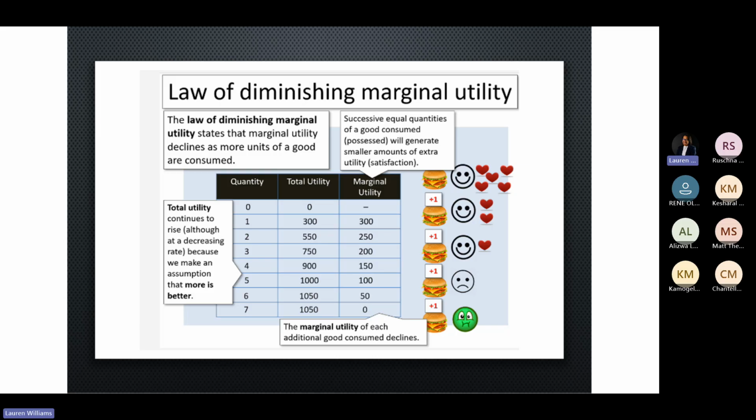So the law of diminishing marginal utility states that the marginal utility declines as more of the good is consumed. Diminishing, it decreases. Marginal, the additional unit. So for every additional unit you consume, your level of satisfaction will decrease.